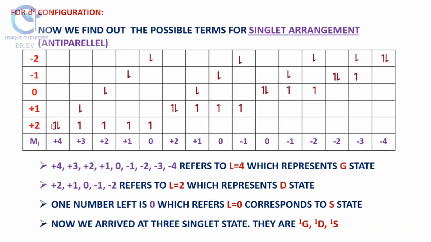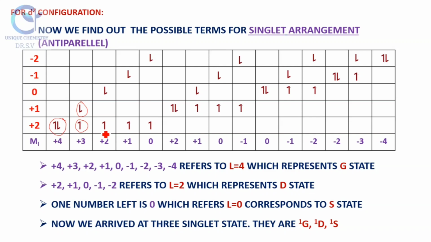As we have seen in the previous triplet arrangement, the same procedure is followed here till all possibilities are completed. First we keep two electrons in the plus 2 level. The second possibility: the first electron in the same plus 2 level, the second electron with opposite spin in the plus 1 level.